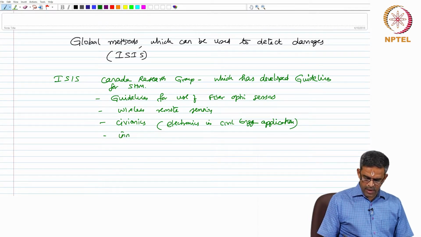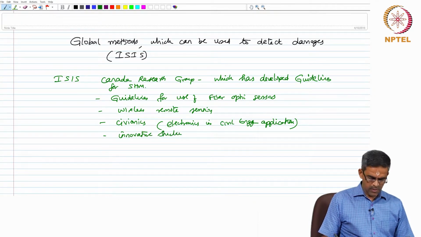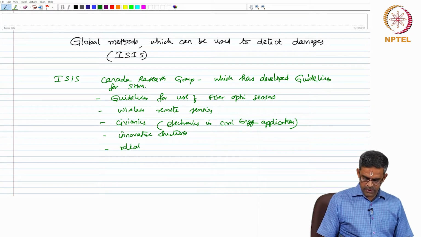They also have guidelines for health monitoring of innovative structures and reliability methods.